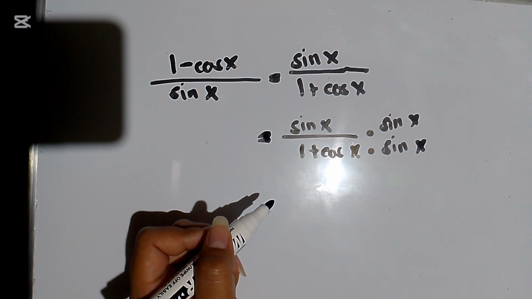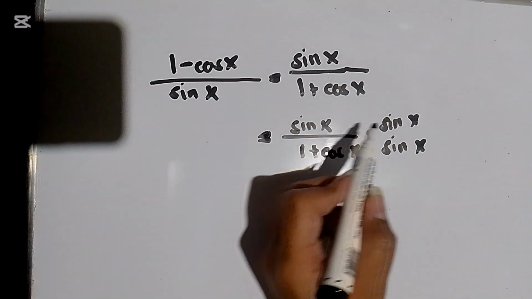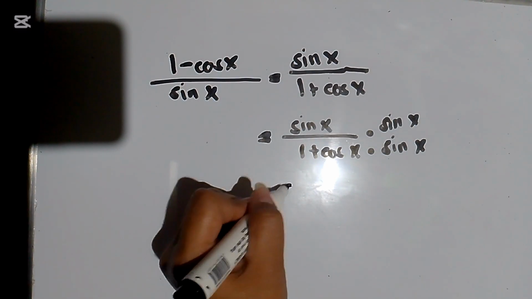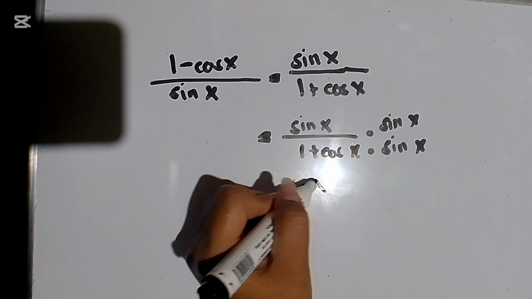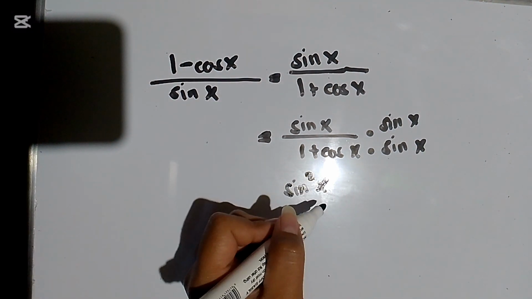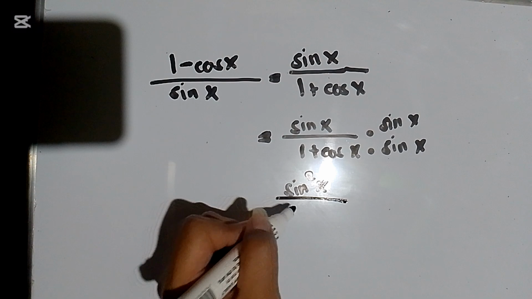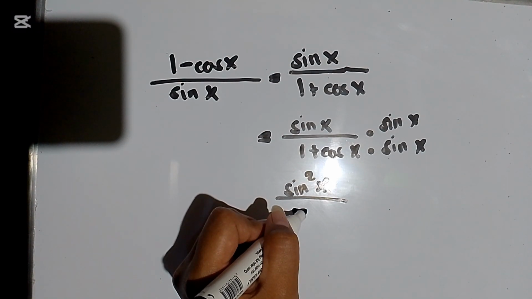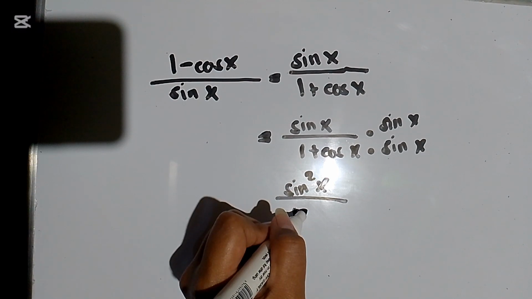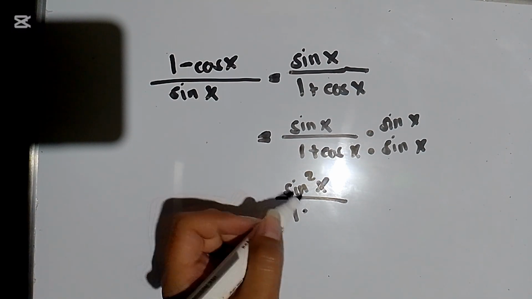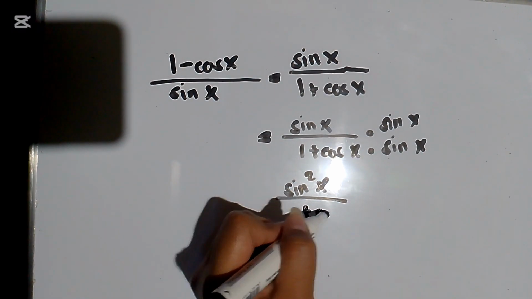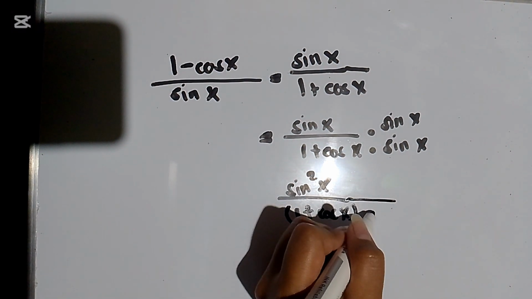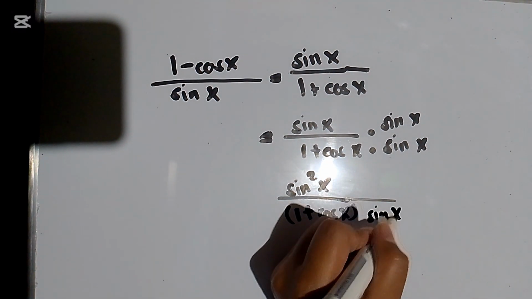Now, let's analyze the numerator. Sin x times sin x is equal to sin squared x, over (1 + cos x) and sin x.